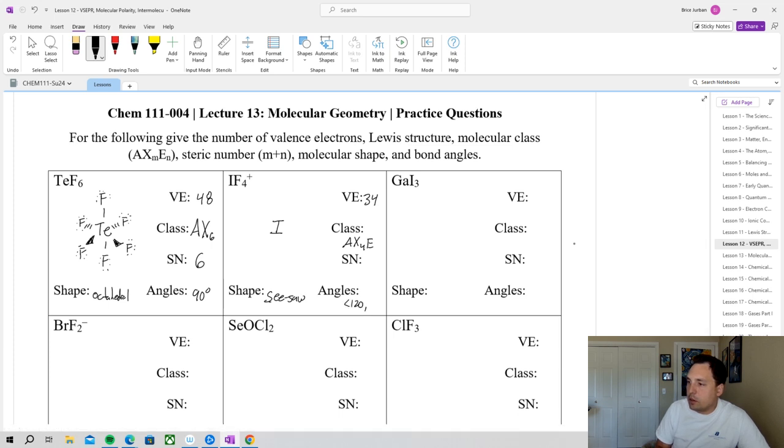Less than 120, less than 90. And then for this, the way I'm going to draw seesaw shapes is by removing one of the equatorial atoms. And I'll put a lone pair there. I don't like how that looks.